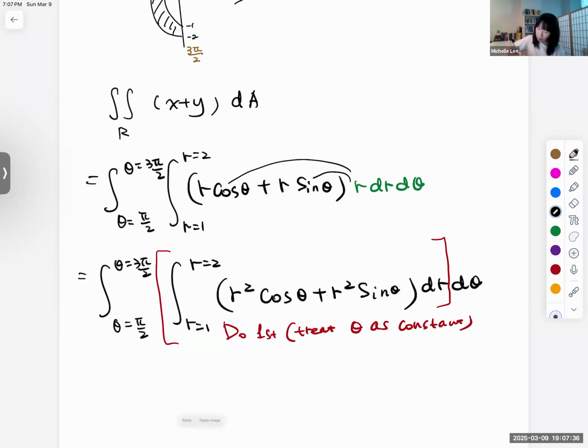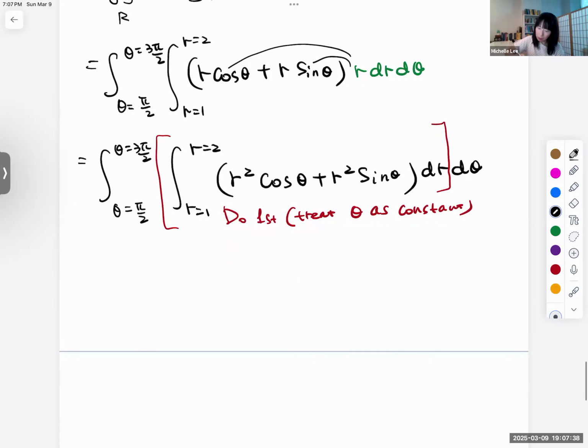Okay, so that will be, can you see? Theta equal to pi over 2 to 3 pi over 2, r to the third power over 3, cosine theta, constant, keep the constant, r to the third power over 3, sine theta, constant.